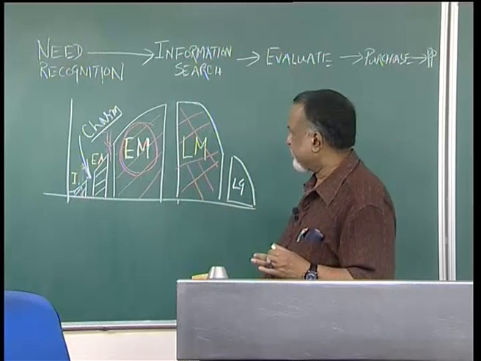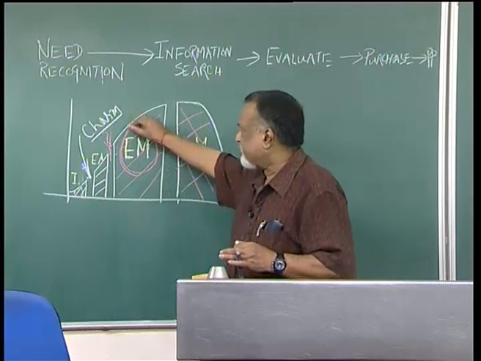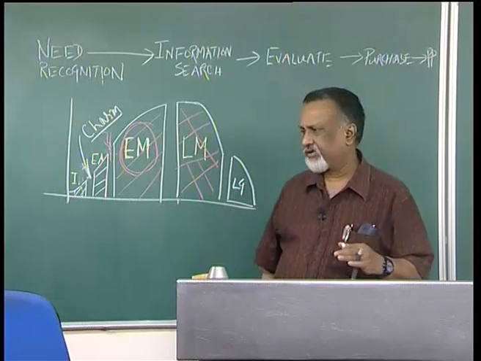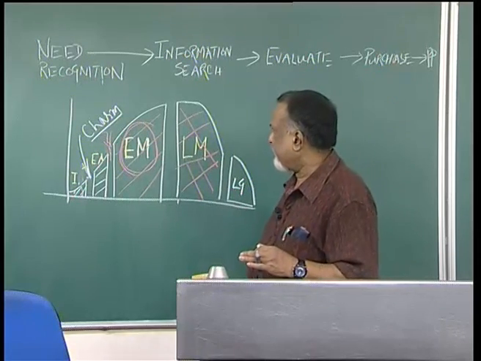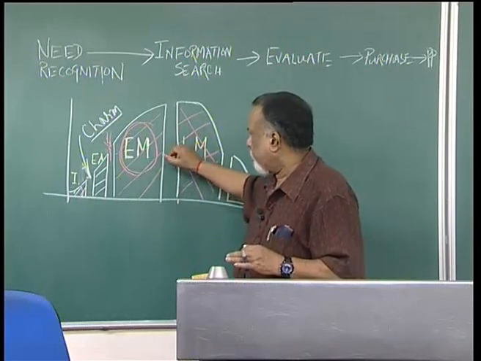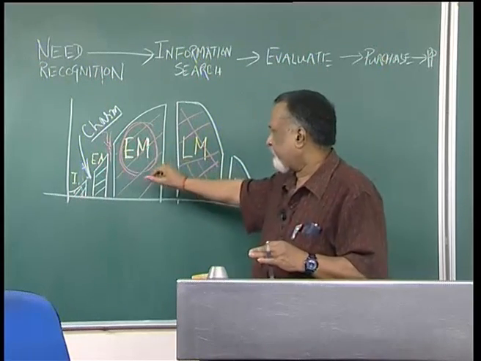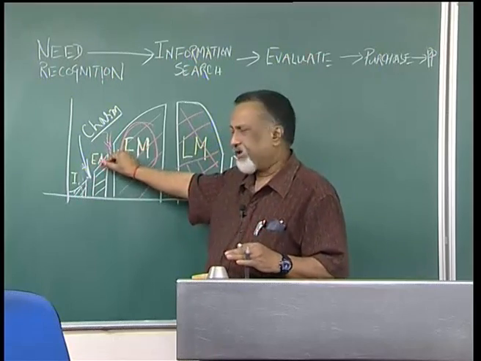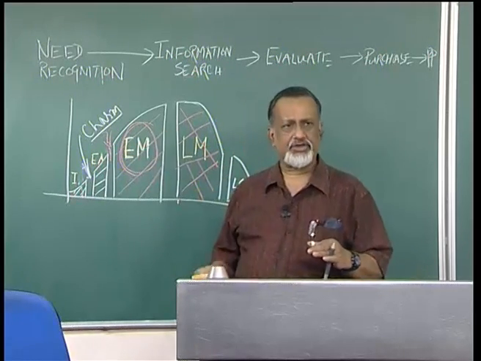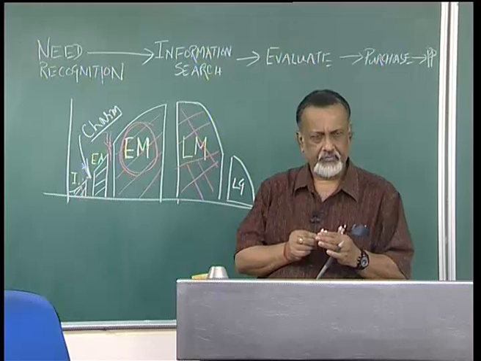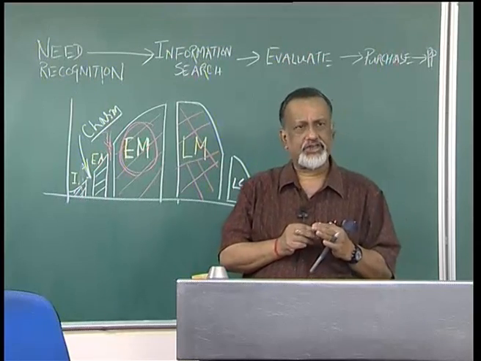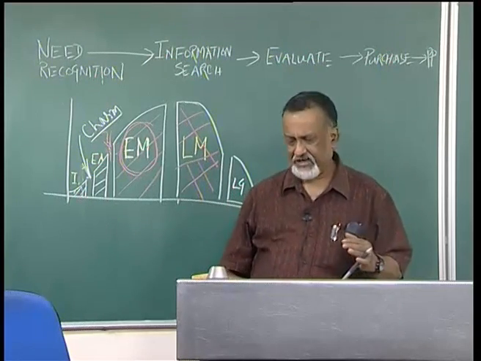Now, the question is, this chasm exists, we know about it, and this is what we want. So, how do we go from this innovator and early adopter market to this early majority market? What factors will influence that transition?